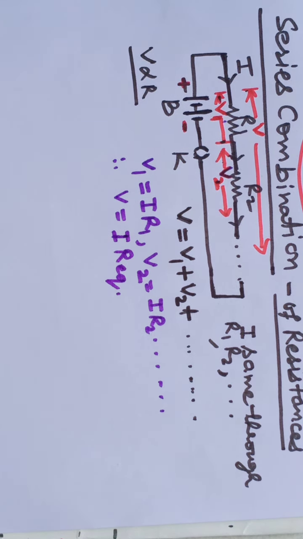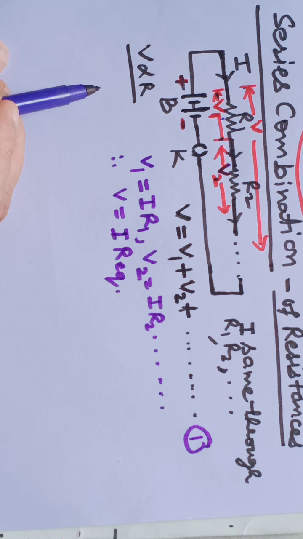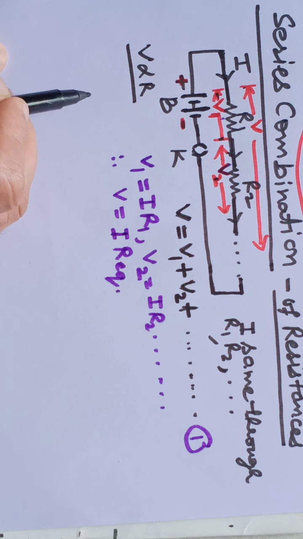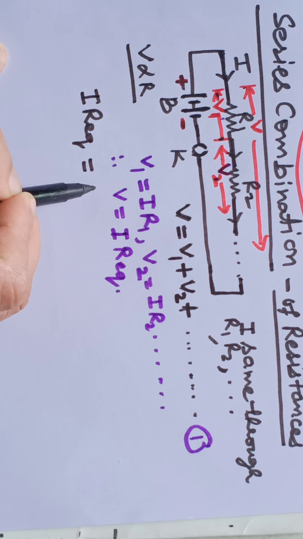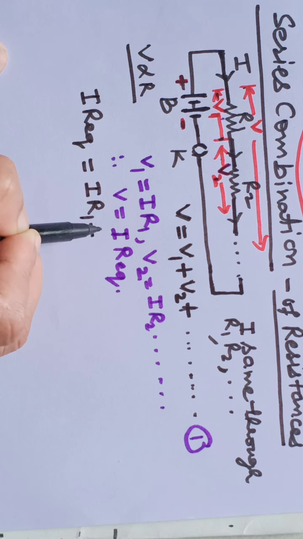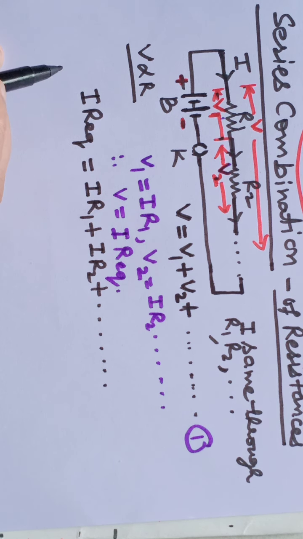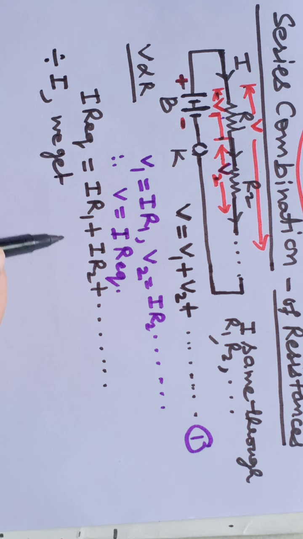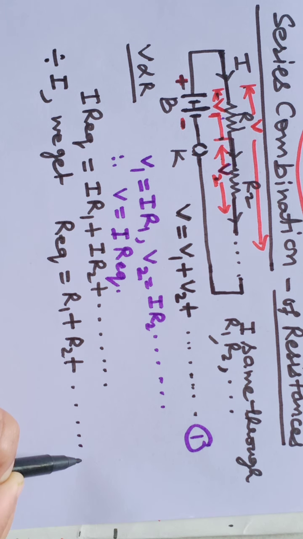So let us put all these values in this equation 1. So we have I into R equivalent is equal to I into R1 plus I into R2 and so on. And let us divide this equation by I. Therefore, we get R equivalent is equal to R1 plus R2 and so on.